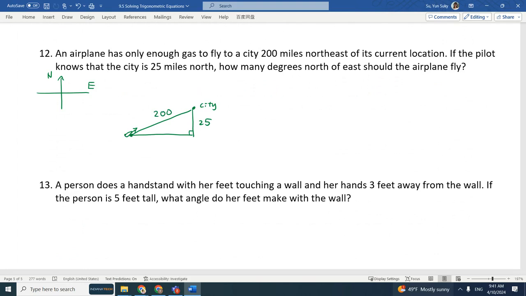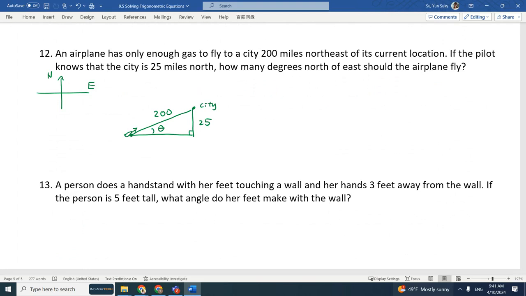The problem wants to know how many degrees north of east. You know, this is east, right? So you start from the east, and then how many degrees go to the north of this angle? So the problem is looking for theta. Is that okay, everybody?